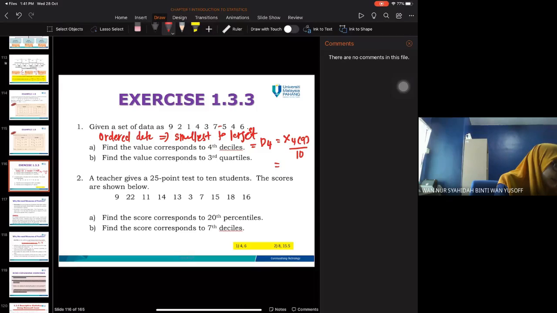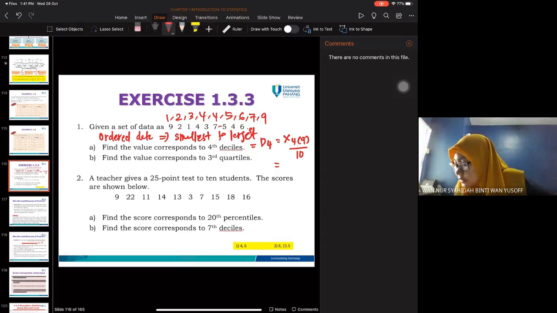Order first: 1, 2, 3, 4, 4, 5, 6, 7, 9. So 4 times 9 divided by 10 gives 3.6.